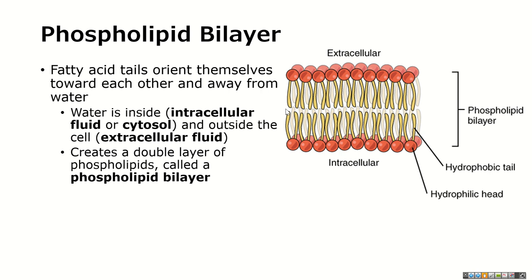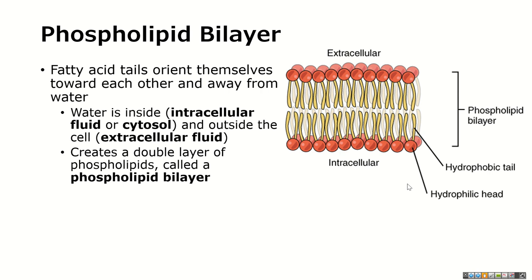So if you look at this diagram, the little red ball is the hydrophilic head and the little yellow things are the hydrophobic tails. And you can see we have two layers of phospholipids. And one layer, this top layer, the red balls face the extracellular fluid. And the lower level, the red balls face the intracellular fluid.